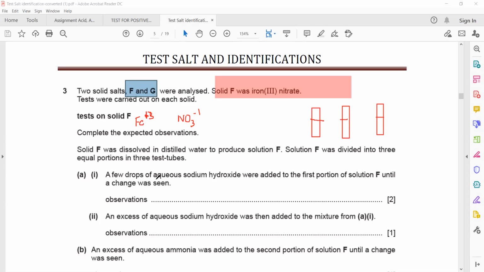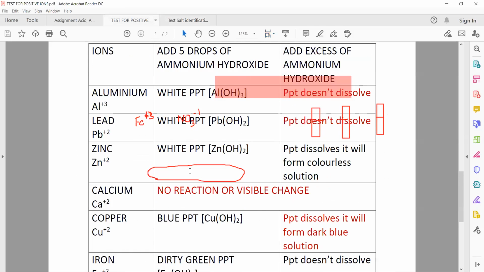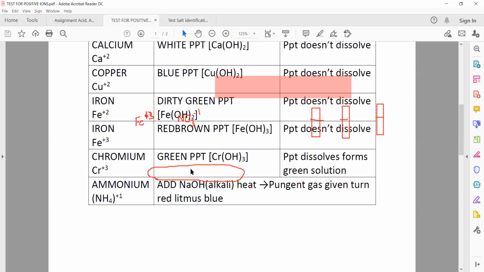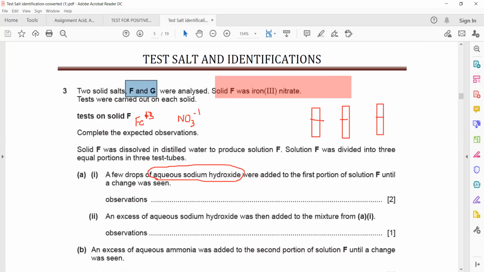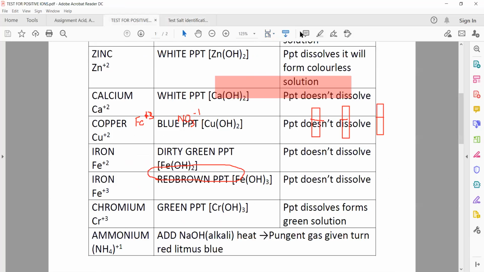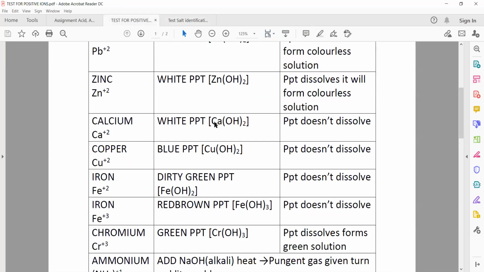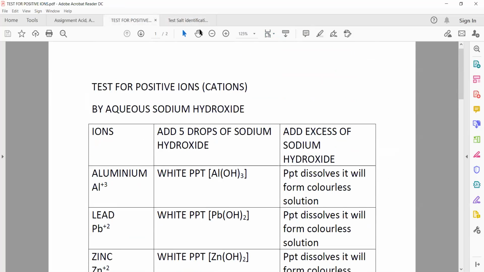Few drops of aqueous sodium hydroxide were added. If I add sodium hydroxide and I have iron 3, what is the observation? You can see here, this is the test with sodium hydroxide.